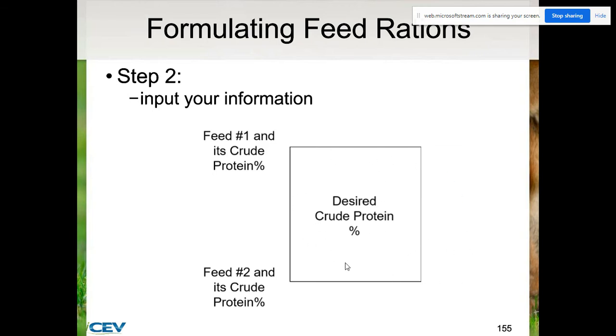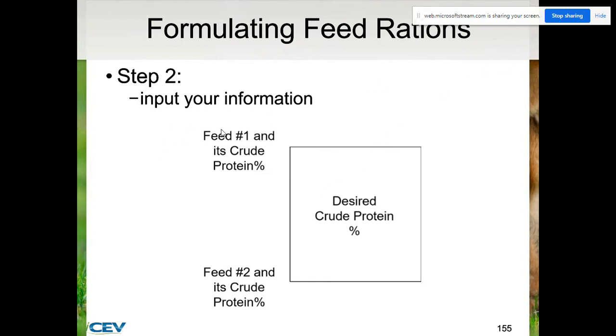We're looking to get a certain percentage of crude protein in this situation. It may say feed one is soybean meal, so you'll put soybean meal up here, and feed two is cottonseed meal, so you'll put cottonseed meal there. This is only step two, so don't think I'm getting way ahead, because I'm not.